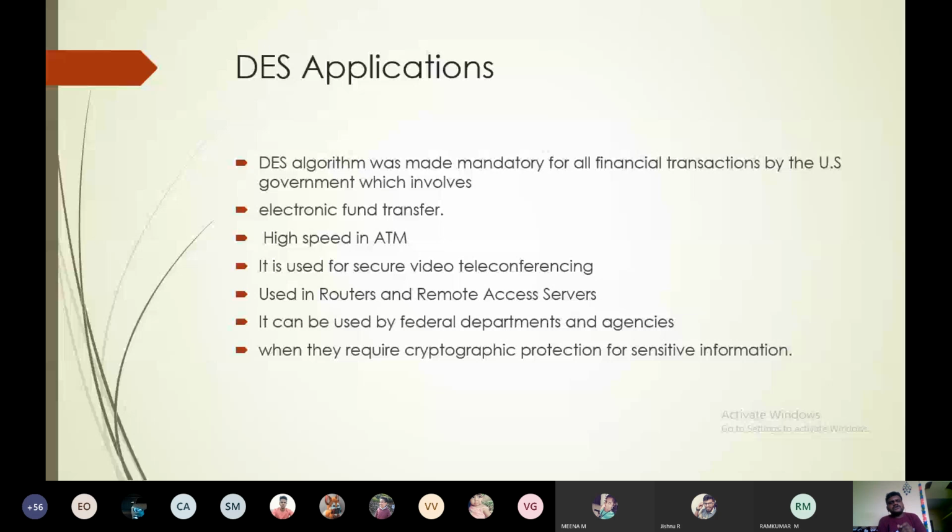For cyber security, they are using this standard, when they require cryptographic protection for sensitive information. To give more protection, a lot of experts are providing this standard for their encryption. These are some of the applications.